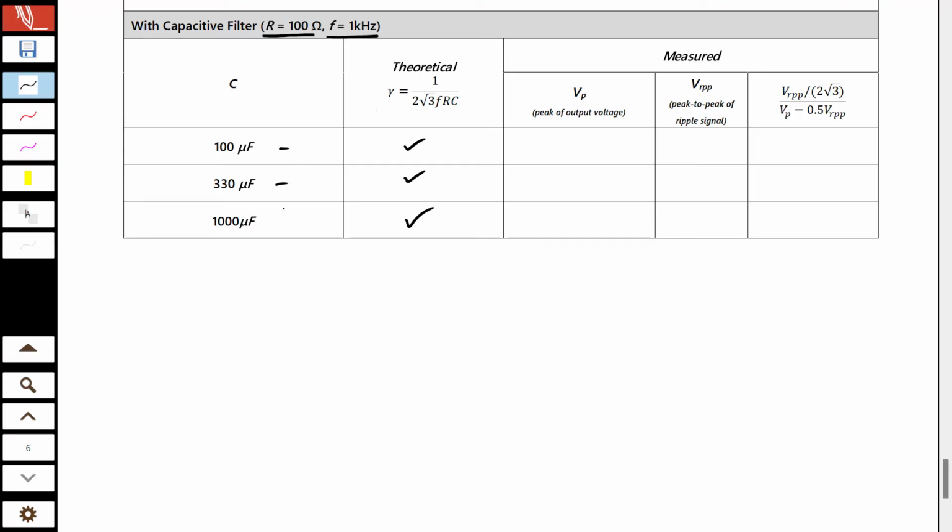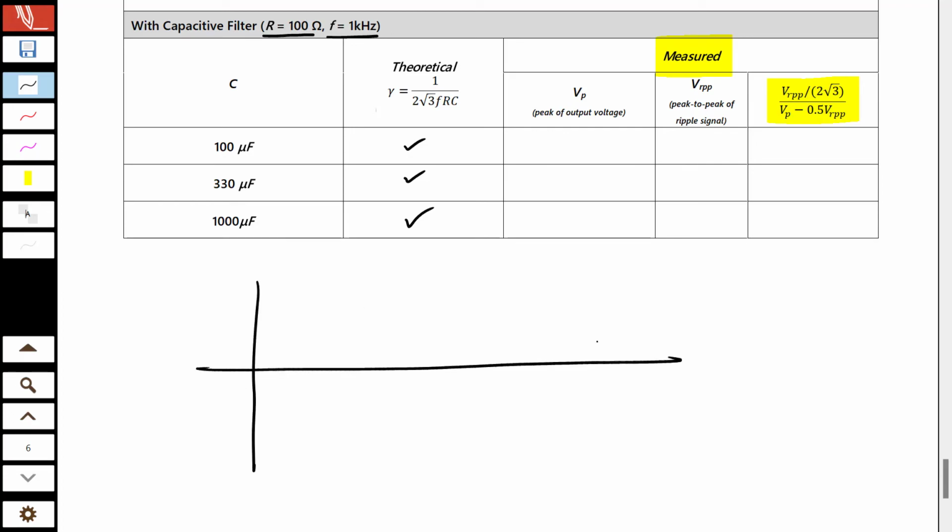These are the different values of C which are given. Now comes the measured value, where the actual expression from a measurement point of view is given by this expression: VR peak to peak, meaning ripple voltage peak to peak, divided by 2 root 3, divided by Vp minus 0.5 VRPP. What does this mean? Think of your waveform.